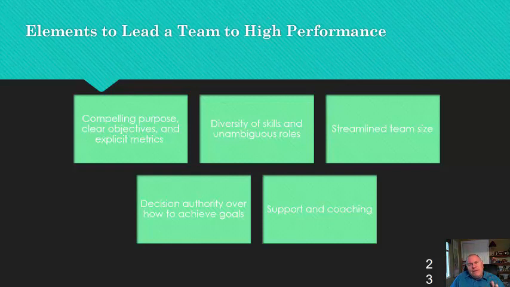An effective team size, so that it can play together, that it has decision authority on how to achieve the goals. And we talked about decision authority 2 weeks ago, so keep that in mind. And then they have the right level of support and coaching. Those are the elements that lead to high performance teams.